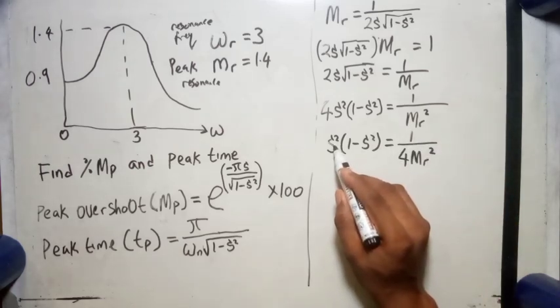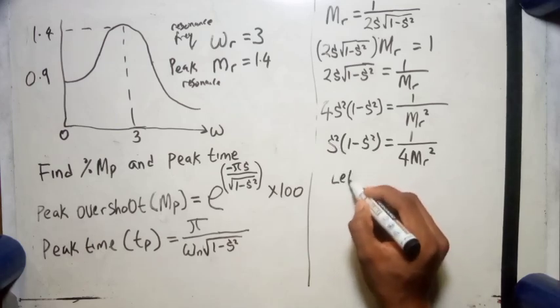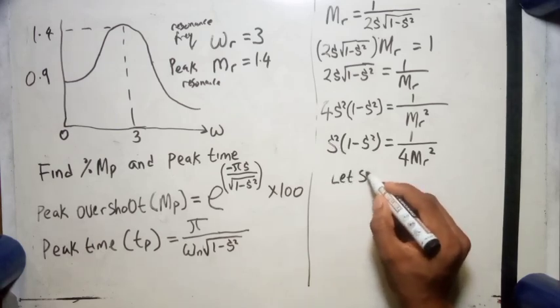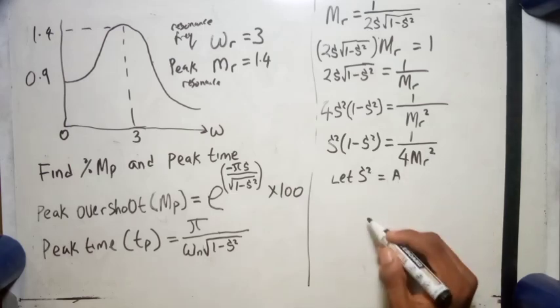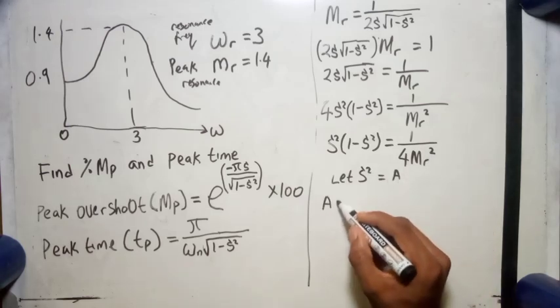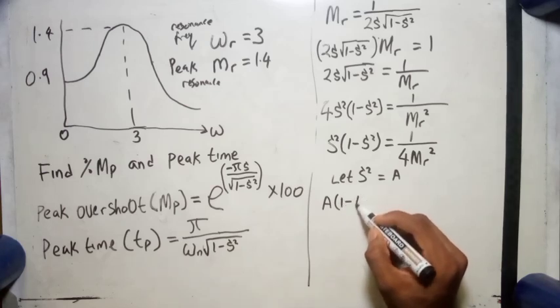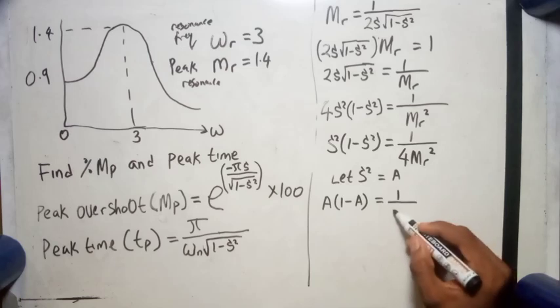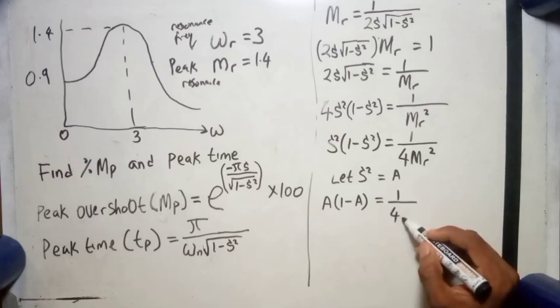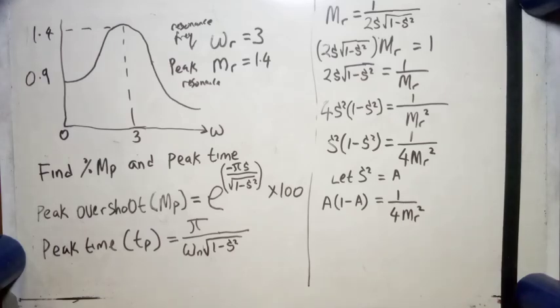Now we need to find a way to solve for this. Let us say our zeta square is a. Now we have that a times 1 minus a is equal to 1 over 4 Mr square.